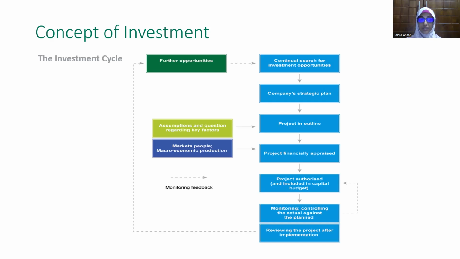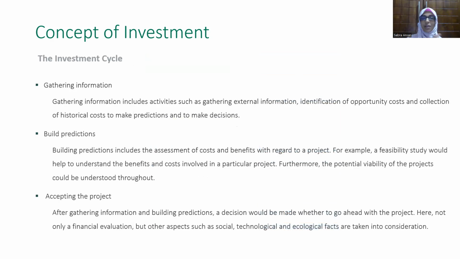One of the reasons I started off with the first lesson, where I was talking about capital budget, is that it's one of the most important things needed when it comes to investment. Okay, so now we're talking about the investment cycle. As I told you, the first thing is to gather information.